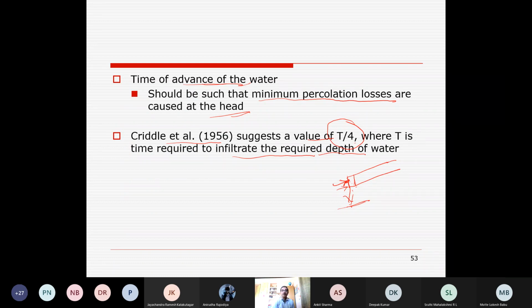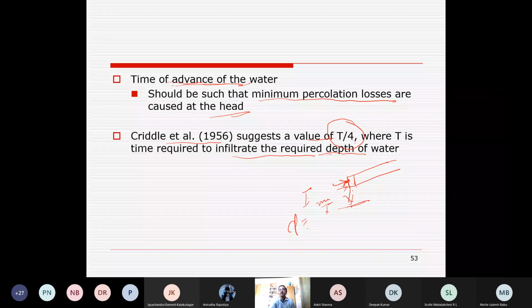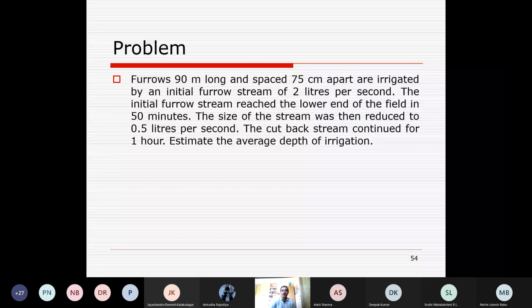So time required to infiltrate the required depth of water: we know the infiltration rate, we know how many millimeters per unit time. So the total time to infiltrate D depth of water, we can find out, that is T. Basically the advance time we should have in the field. These are the design guidelines.